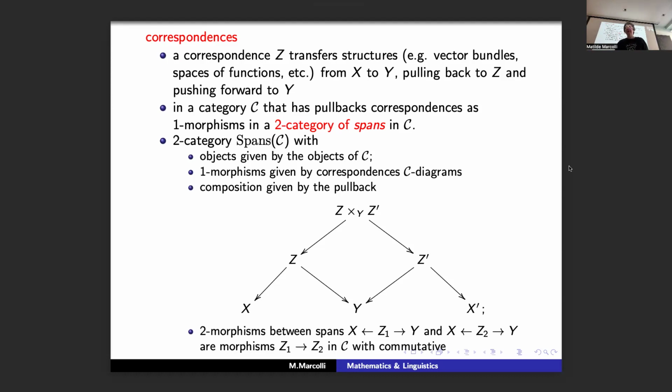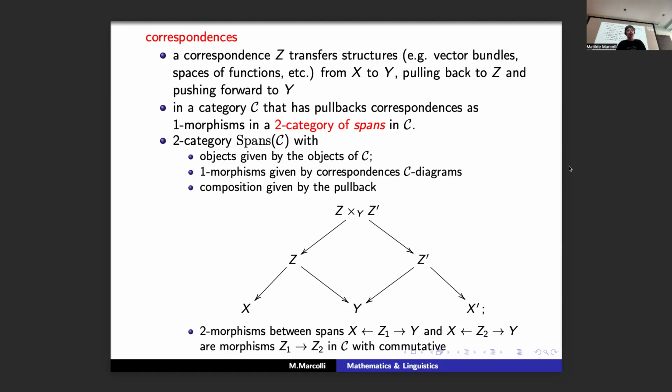So in general, in a categorical setting, if you have a category that has pullbacks, you define correspondences as one-morphisms in a two-category of spans over your category C. In the two-category, you have objects, one-morphisms and two-morphisms between the morphisms, that compose either following the composition of one-morphisms, or transversely to it.